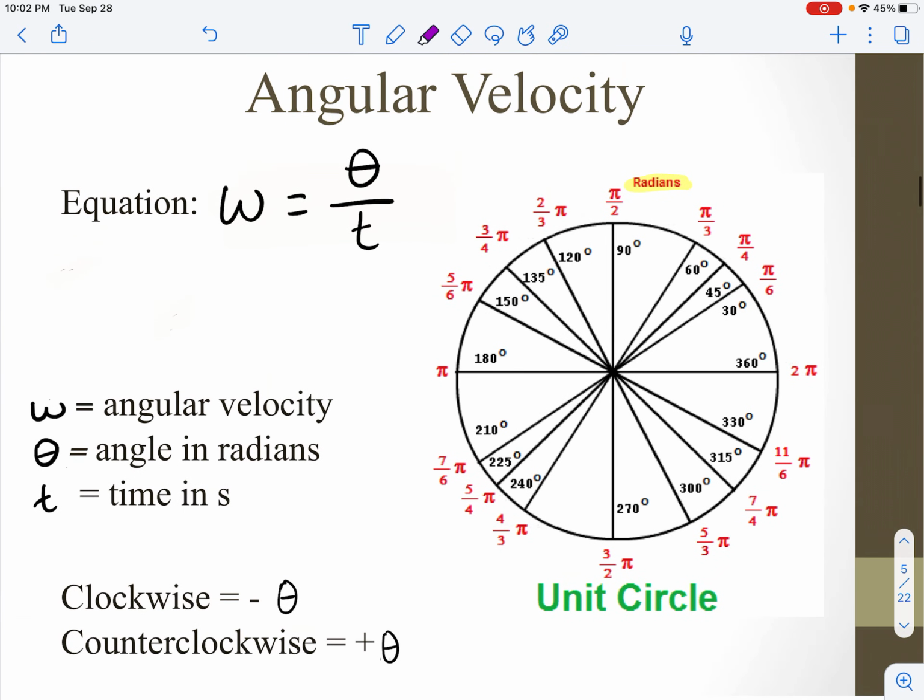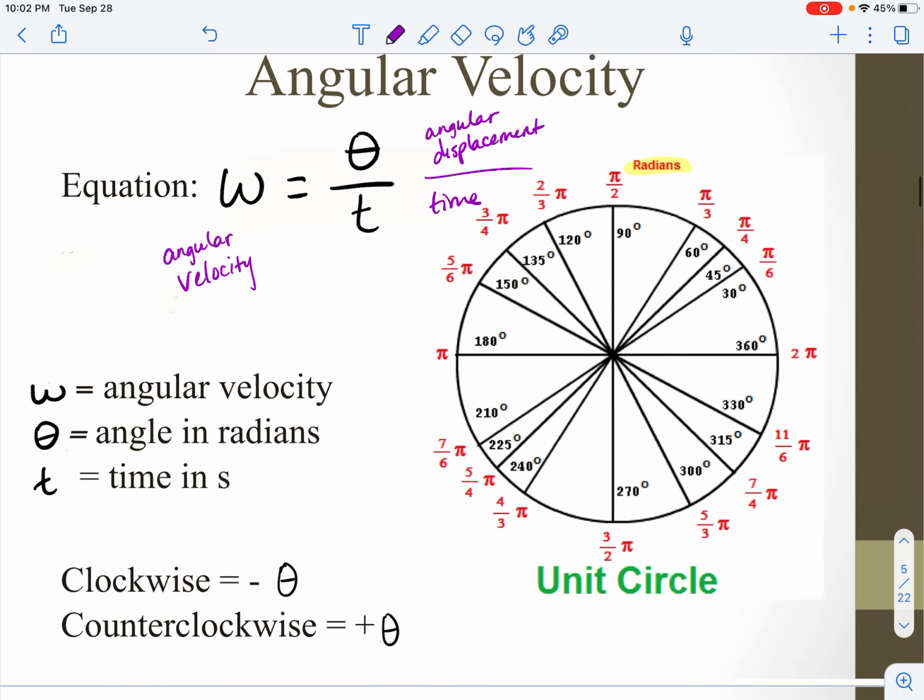All right, so what we are learning on this slide is our first new formula for circles. This says omega is equal to theta over t. What this means is what I just spelled out on the previous slide. Our angular velocity is now going to be calculated by taking our angular displacement and dividing that by time.